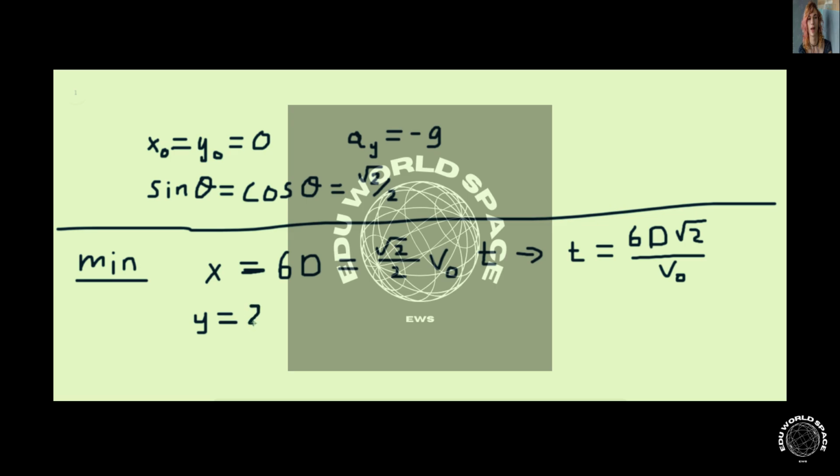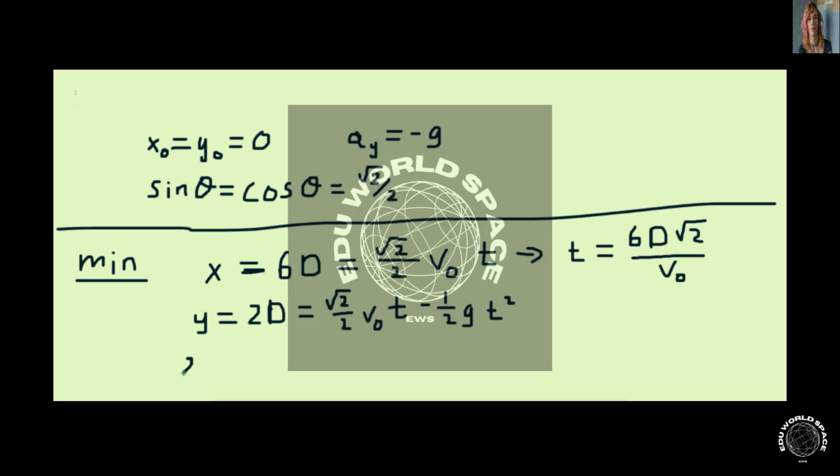Okay, therefore, we can plug this value for t into our equation of motion for y, which says that y here is equal to 2 times distance d, which is equal to our equation of motion for y, which is the velocity in the y direction. So that's going to be root 2 over 2 times v naught multiplied by the time, t, minus 1/2 g. The minus sign comes from the fact that gravity is acting in the negative direction, multiplied by the time squared.